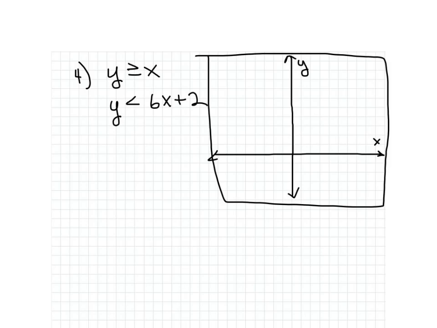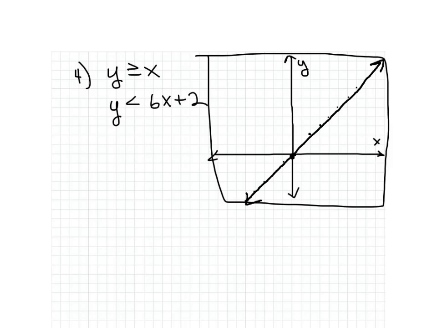y is greater than or equal to x. So my y-intercept is 0, and my slope is 1. Okay, and it's a solid line. So let me try to draw that. Very difficult on a stylus, but I can do that.